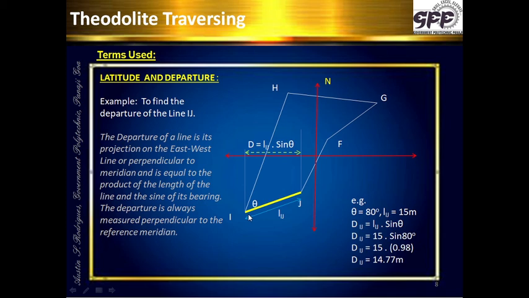That means the projection of this line IJ on the horizontal axis is 14.77 meters, or the departure of IJ is 14.77 meters.